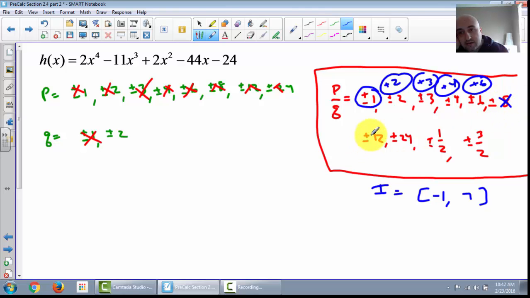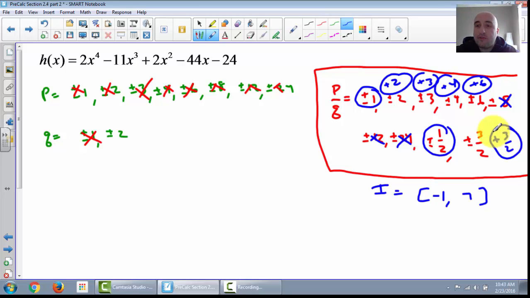Neither of the 8s, neither of the 12s are between -1 and 7. 24 isn't. +1/2 and -1/2 both are. And +3/2 is 1 and 1/2, so +3/2 is. Not -3/2, because that's -1 and 1/2, to the left of -1. So really our only options are ±1, 2, 3, 4, 6, ±1/2, and +3/2.